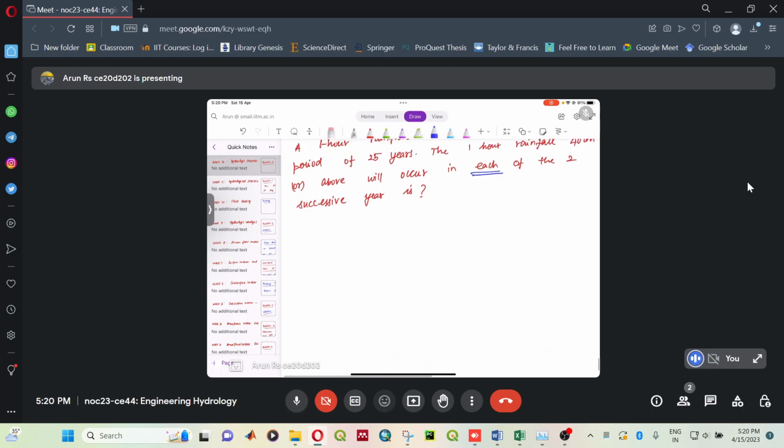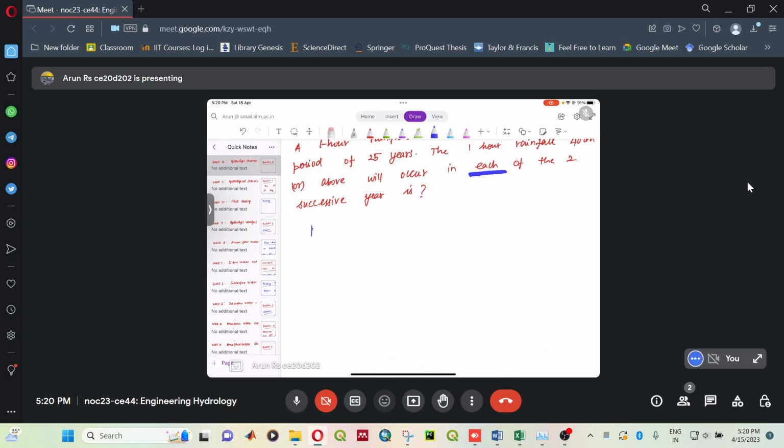problem, but here they have given each of the 2 successive years. So for every once in 2 years it's going to exceed. So in this case it is a binomial process.